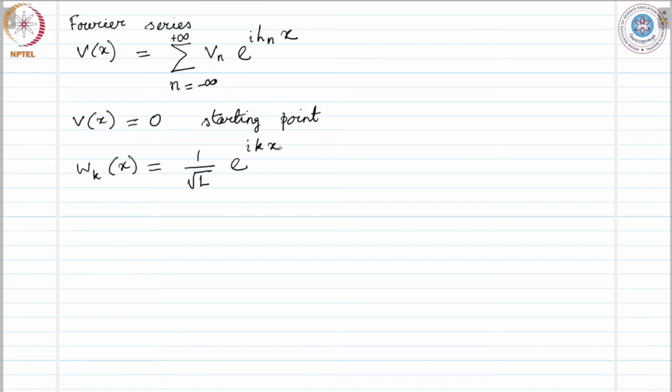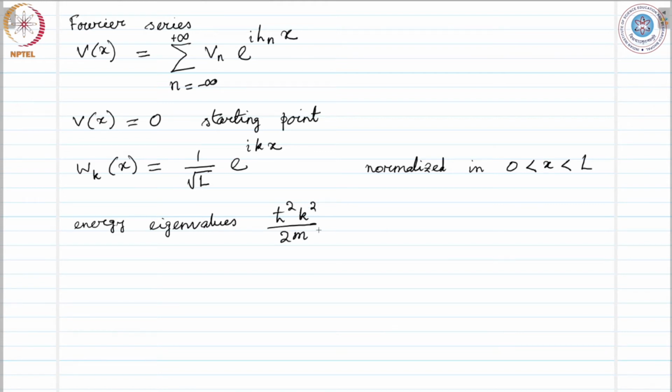The normalization condition has been chosen so that this wave function W_k(x) is normalized within the lattice, within the interval 0 less than x less than L. Now, the wave numbers k are real, and the energy eigenvalues are given as h cross squared k squared over twice m, which we have learned so far.